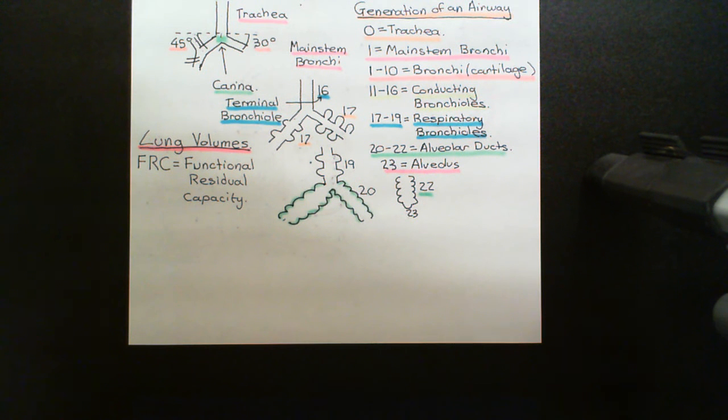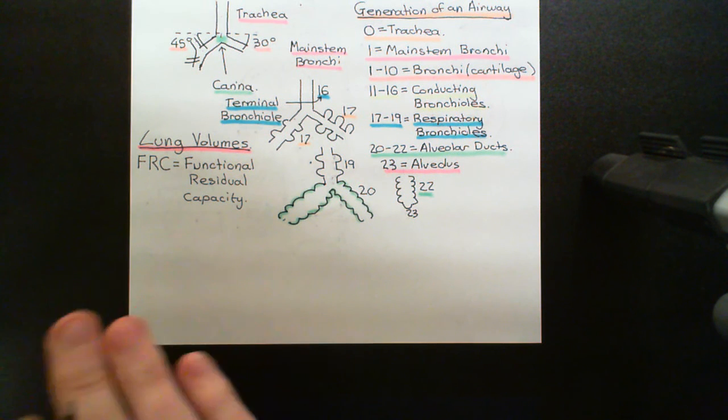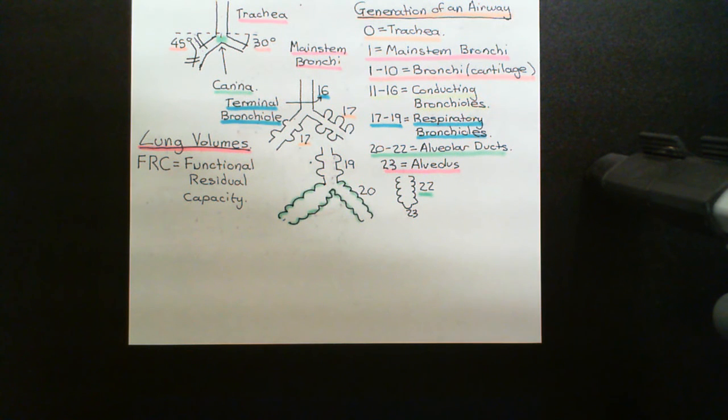You've just finished a breath, let's say, and you're quiet breathing at the moment, so you're just sitting in a chair watching television, you're not thinking about your breathing consciously, and you're just quietly breathing, and you haven't got any pulmonary disease, so you're perfectly healthy. So functional residual capacity is then what volume of air is inside your lungs.